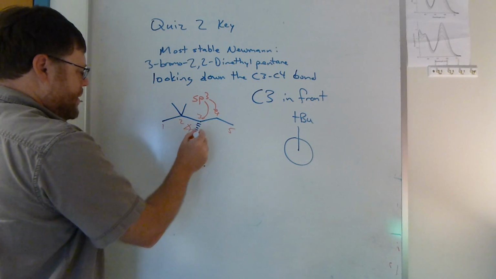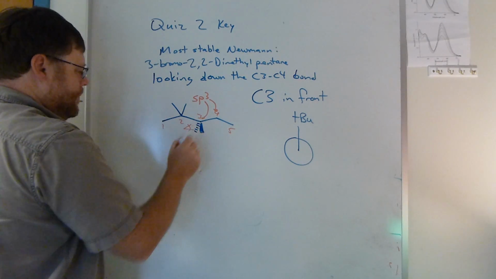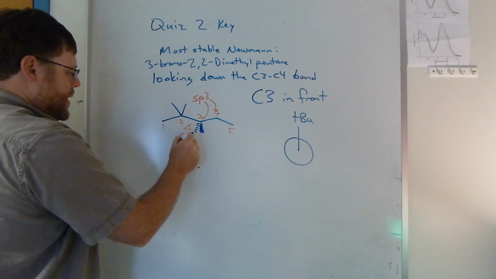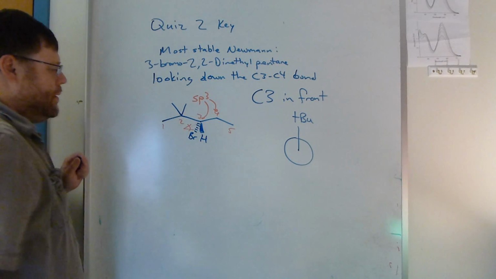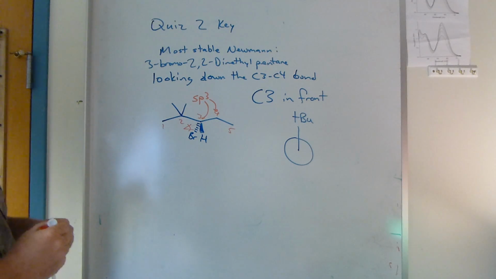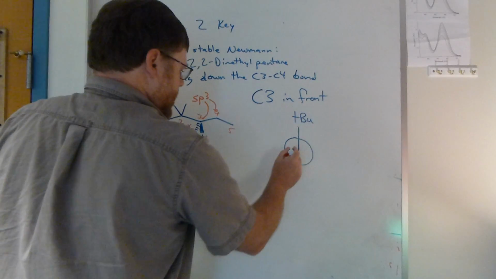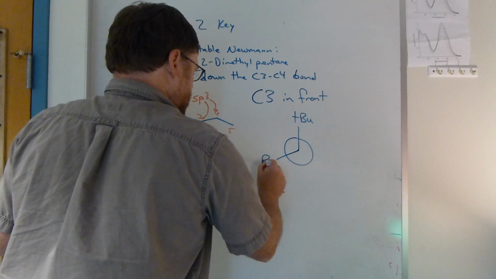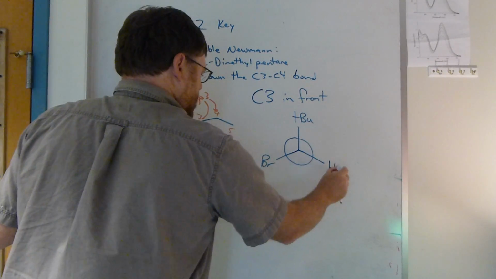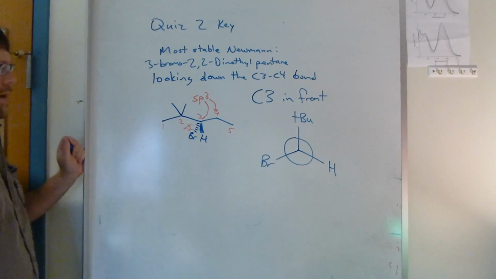It's either going back or it's coming out. Let's say it's going back. That means a hydrogen is coming out. So if I'm down here like this, that puts a bromine down to the left and H down to the right.